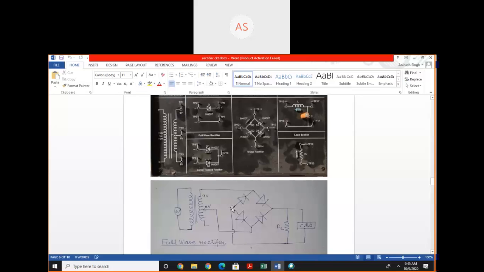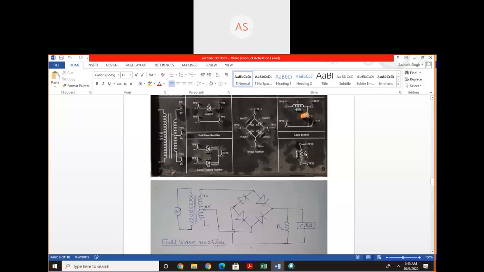This is the circuit for the full wave rectifier. 9 volt is connected to TP11 and 0 volt is connected to TP14.